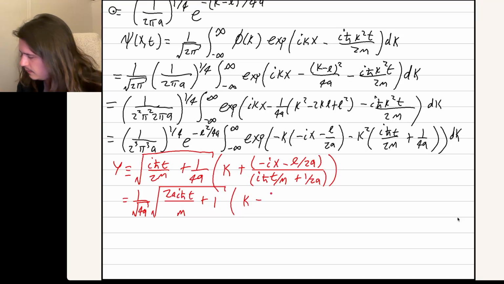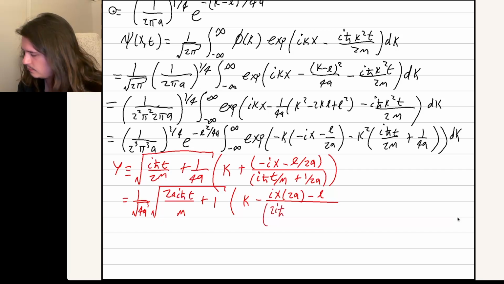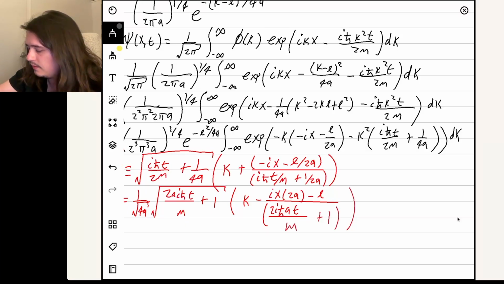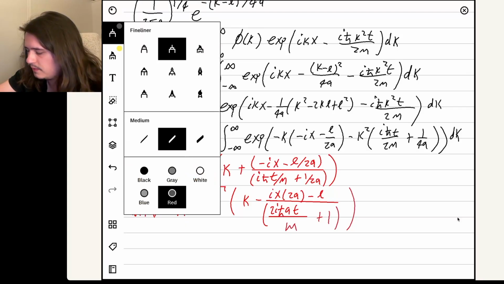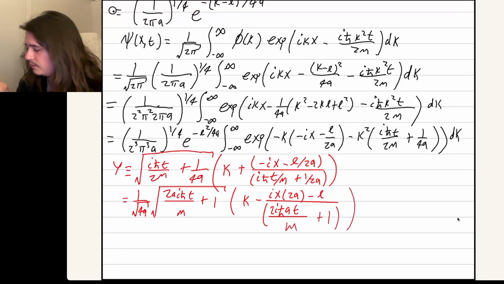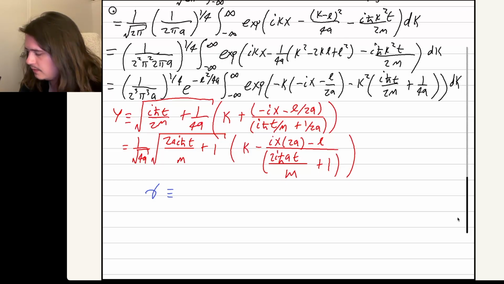So we have ix times 2a minus l over 2 i h bar a t over m plus 1. Yeah, that'll do it. And this quantity is interesting because in 2.21, Griffiths defined this as gamma, so it's 2 i h bar a t over m plus 1.